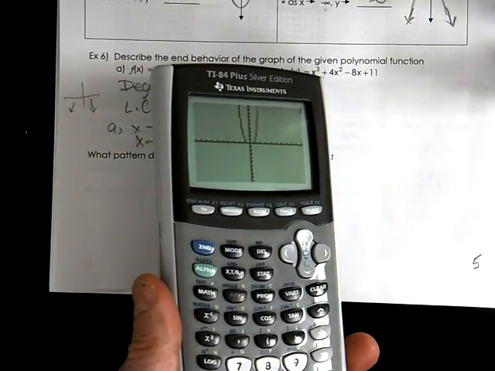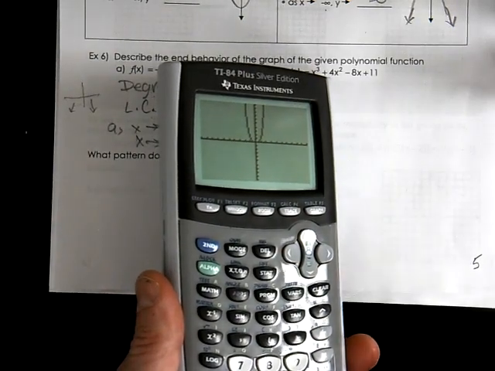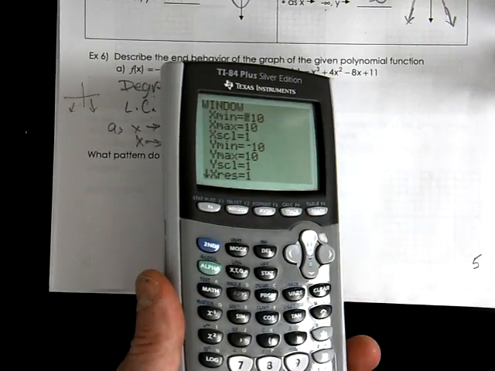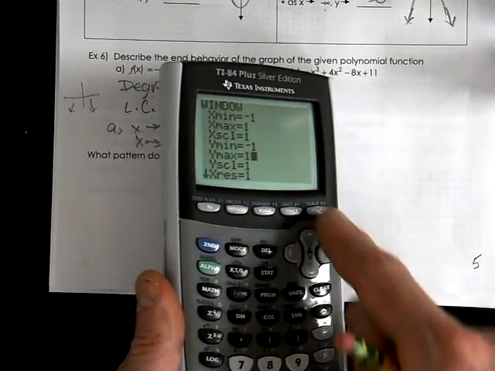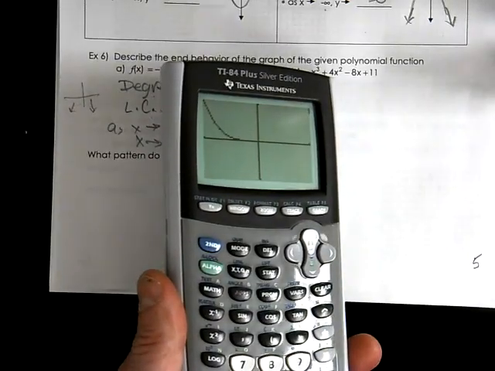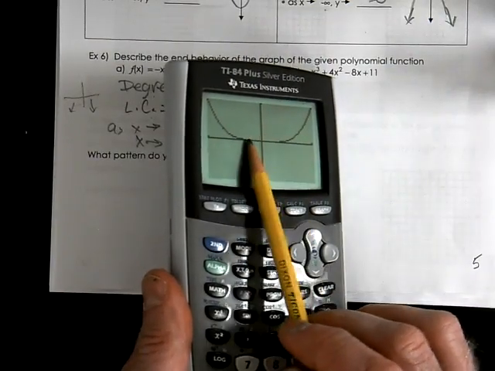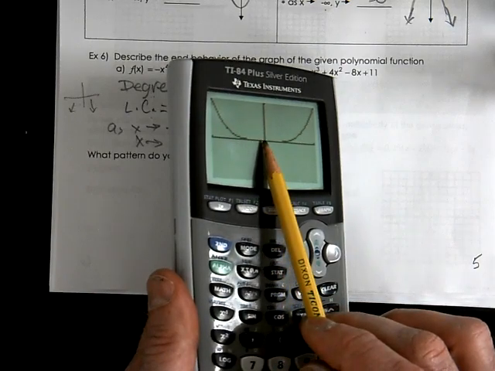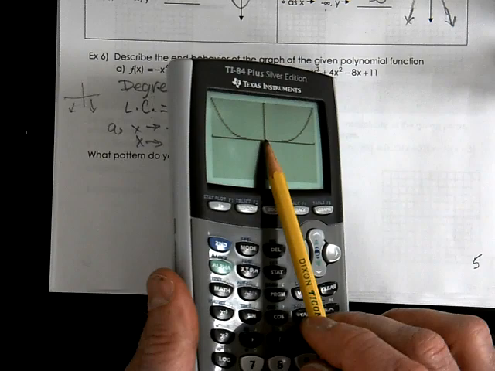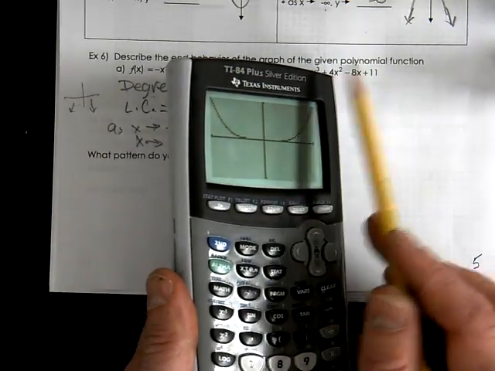X to the fourth is doing the same looking thing. It looks just like a parabola. If you zoom way close in, x to the fourth looks a lot like a parabola. It looks like it's going horizontal, but it never goes horizontal. It just gets closer and closer, and then it touches the x-axis right at 0. And then slowly but surely it gets larger and larger, and then it goes up quick.